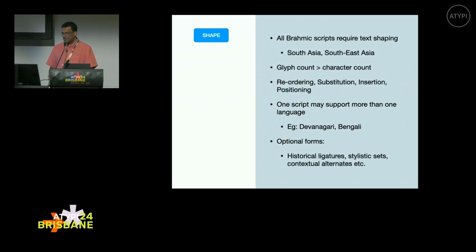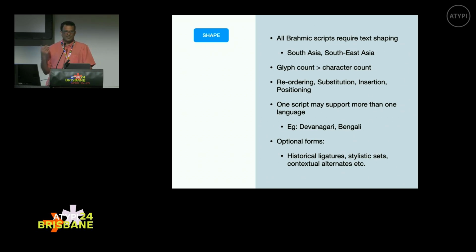They all require shaping. In any font, the glyph count is a lot more than the character count. Shaping involves reordering of glyphs, substitution, insertion, positioning, and all that work, which I'll talk about shortly. And one script may support more than a language, especially scripts like Devanagari, which probably is used to write about a dozen-odd languages in India.